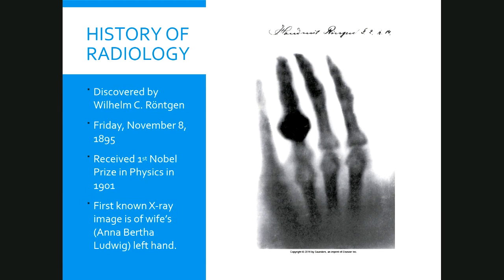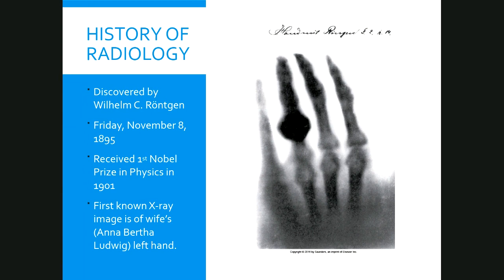They did have one adopted daughter. It was actually his wife's niece. They adopted her. They had no biological children, which might be because they were actually third cousins. Anna Bertha Ludwig and Wilhelm Conrad Röntgen were third cousins, and they had an adopted daughter, no biological children.